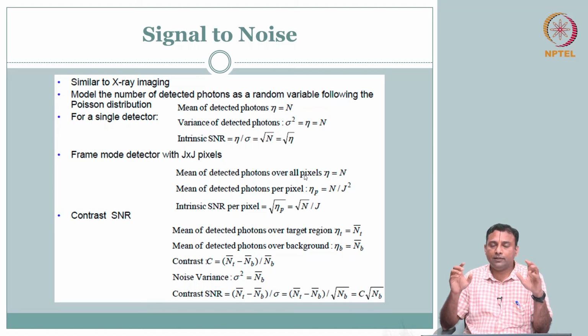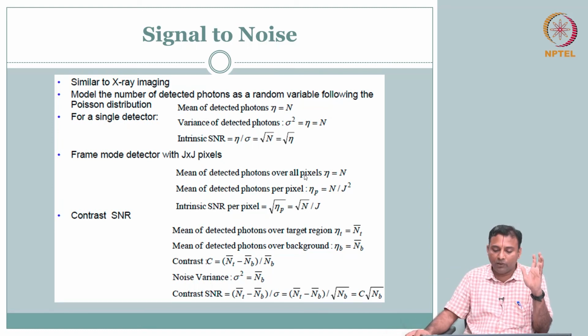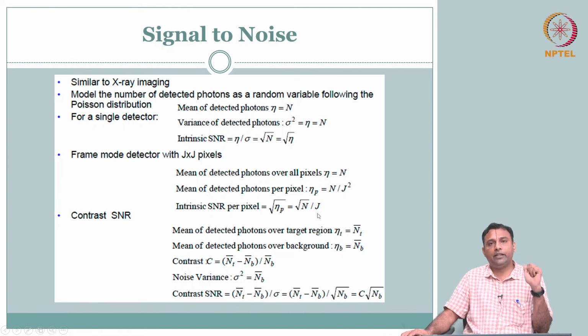In some sense that is fine, but per pixel what happens? If mean detected photons is n, you are going to have that over j cross j. So mean detected photons per pixel is going to be n by j square, and therefore your intrinsic SNR is going to be root n by j.